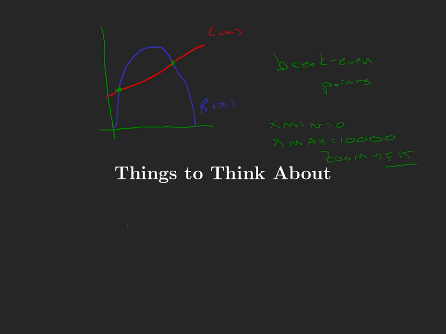The other thing to think about is, what about marginal average profit? What do we think about this? Marginal is derivative of, so this is the derivative of the average profit.